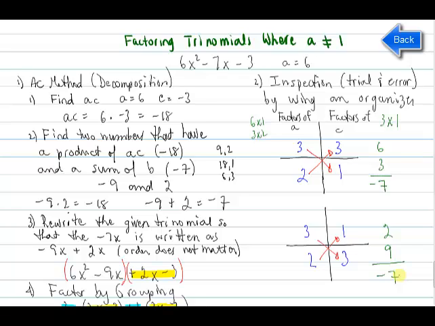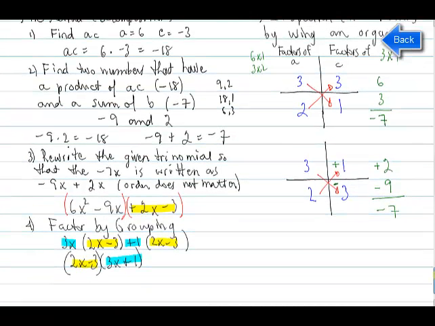And the answer is yes. As long as my 9 is negative and my 2 is positive, I will get negative 7. So because I got the negative 9 by going 3 times 3, I'm going to make the 3 in the second column negative, because that's now going to give me my negative 9. And because I got the 2 from multiplying 2 times 1, I'm going to make this one positive and put the positive on the 1 in the second column.